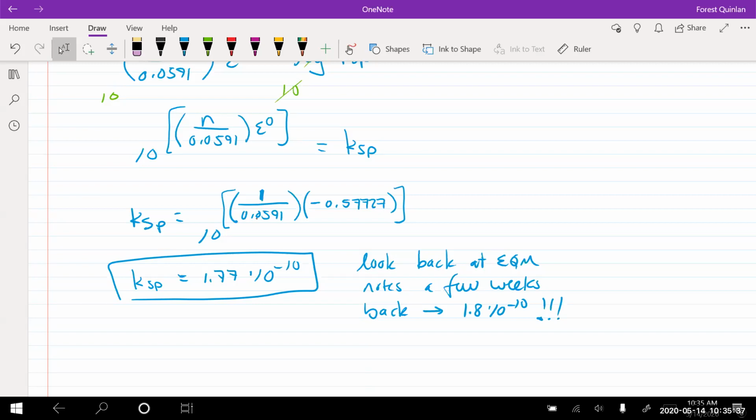It should be no surprise that if we actually go to thermodynamic and electrochemical data, at the end of the day, we should end up with exactly the same KSP. And we do. One of the ways you find out what the KSP of all these solids is, is to just design an electrochemical cell, measure the voltage, and back out what the solubility product is. It's easy.